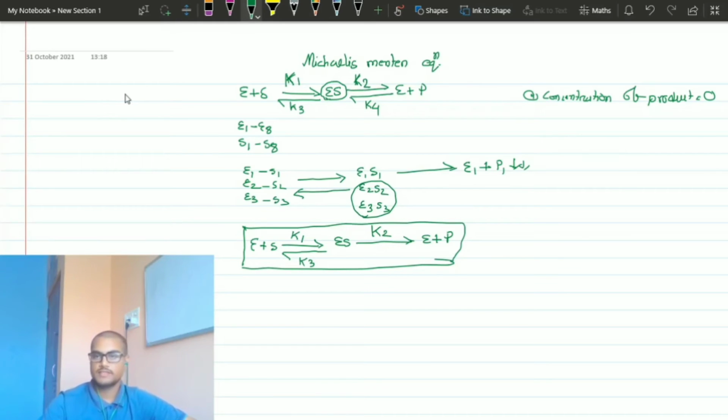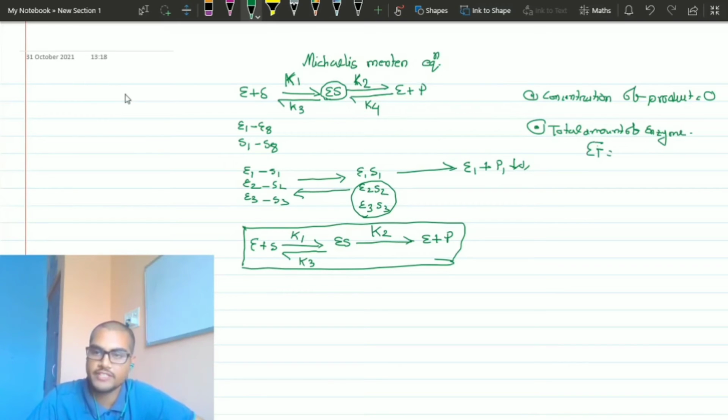Now the second important thing will be the total amount of enzyme, that is E total, which is equal to the free enzyme plus the substrate bound enzyme.